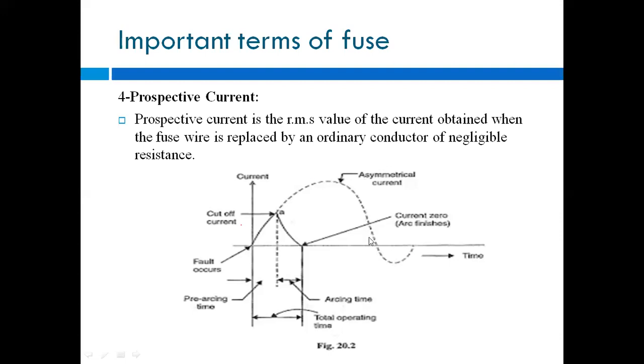Now why is it more? Because a fault has occurred here, that's why the current is increased. When any fault occurs in the system or in the circuit, the current increases, and when current increases, the fuse blows out.